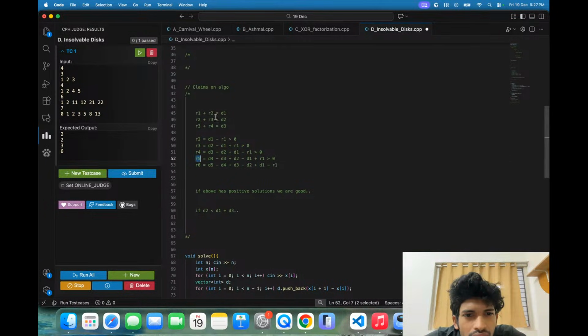Wait a minute. R2 had D1 involved, R3 had D2 involved. Yeah? R1 can be so large, but R1 cannot be larger than these things. Okay.